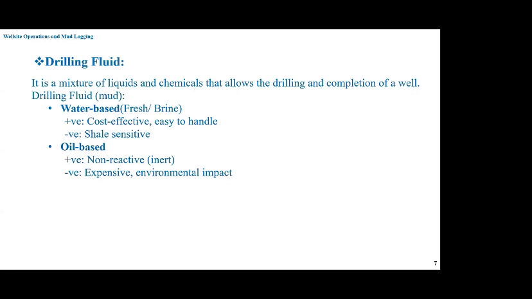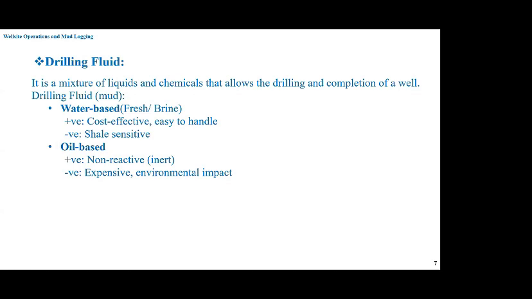Then the oil-based mud, they use oil as a base to mix the chemicals. The advantage of oil-based mud is that it is non-reactive, inert. So they use oil-based mud in areas of non-reactive shale, for example.